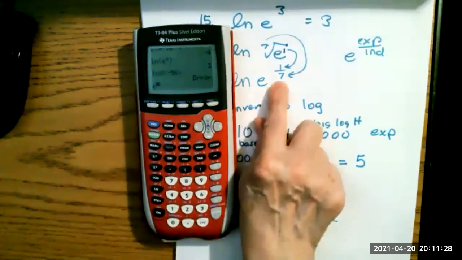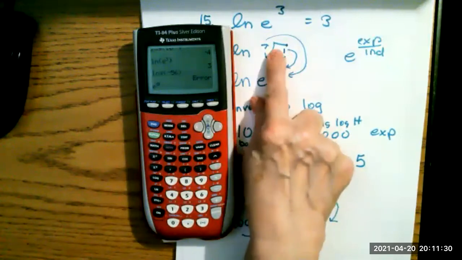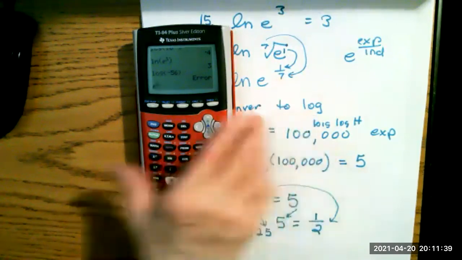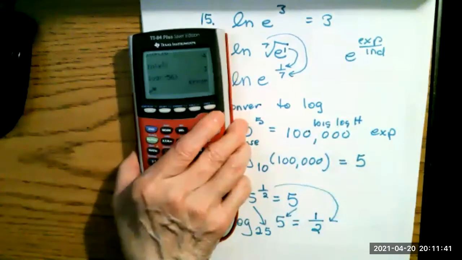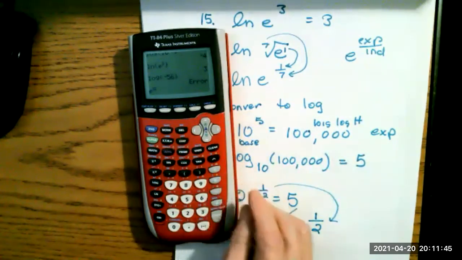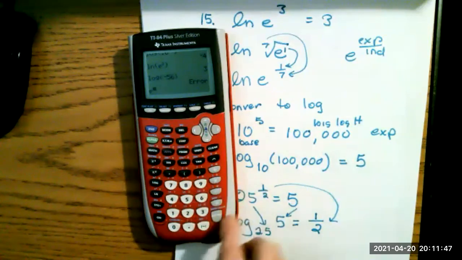It's easier to put it in if you can convert it. Can you change that to 1/7? Yes. So instead of actually putting the E exponent in there, just convert it. Okay, let's do that one.